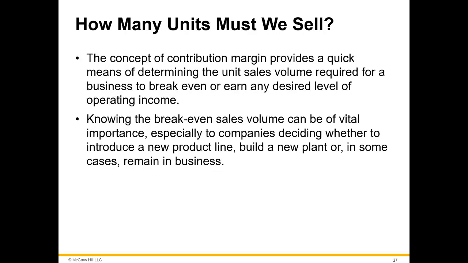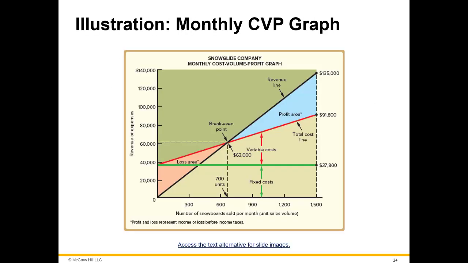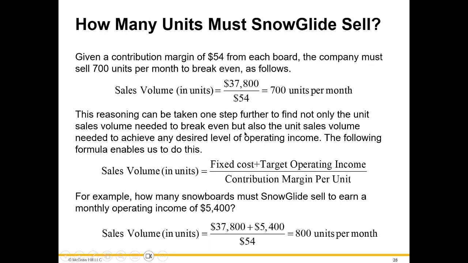All right, so let's go back to our graph here and see if we can see that. Well, kind of hard to see exactly there, but if we were here at 800, this would be where we'd make the $5,400. Okay, so we can see that in there. And using these formulas helps us see that. So that's how many units we need to sell.